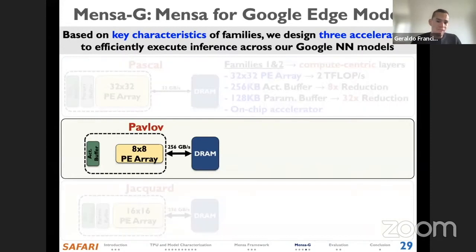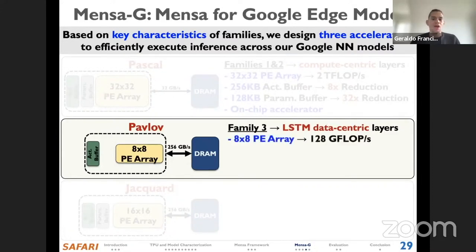So next we have Pavlov. Pavlov caters for layers in family 3, which are data-centric and mainly consist of LSTM layers. Because family 3 has pretty low MAC intensity and mainly performs matrix-vector multiplications, we design a much smaller processing element array for Pavlov compared to both Pascal and the baseline Google Edge TPU. We empirically chose an 8x8 array size to balance both latency and utilization.